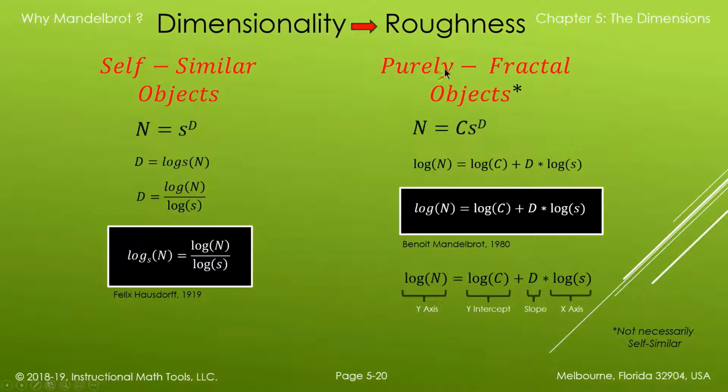But when we entered the fractal objects of Mandelbrot, we added a constant which put some variability in the equation, and we had to turn to a linear regression of a line on an XY plot to get the best approximation. And so here we have Mandelbrot's contribution to fractals: fractal roughness.